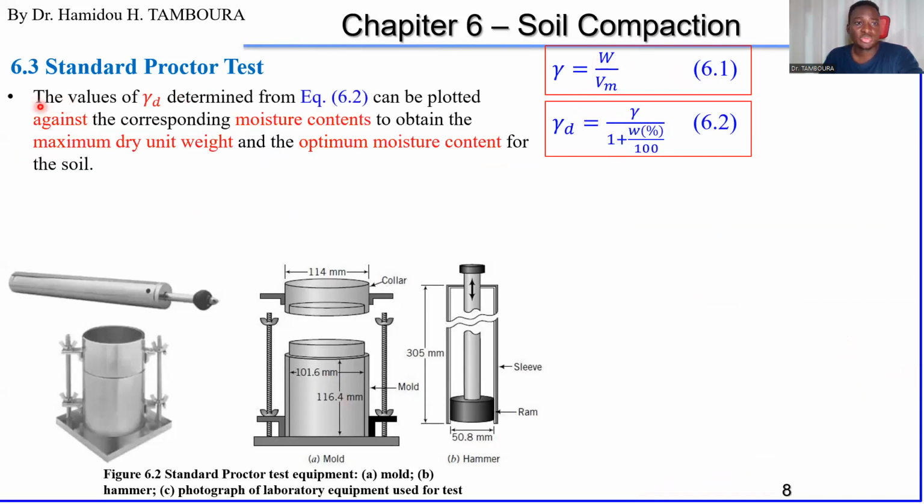Okay, so the value of the dry unit weight estimated in this equation 2 can be then plotted against the water content to obtain the maximum dry unit weight at optimum water content. Do you remember that? The maximum unit weight, that one is not difficult to remember.